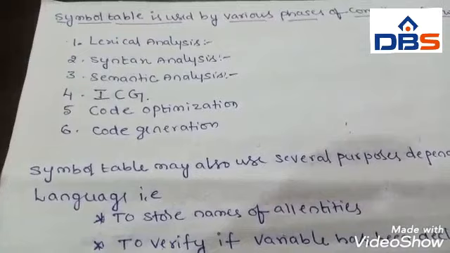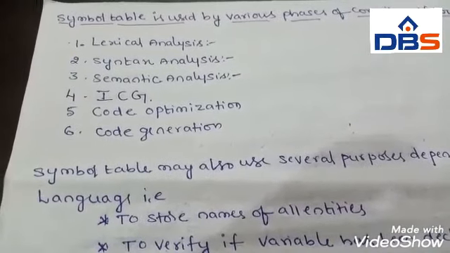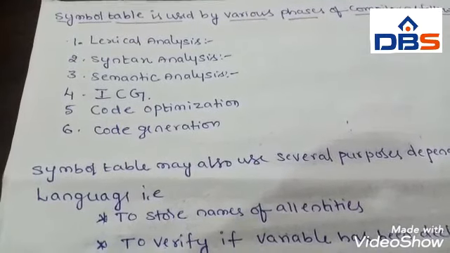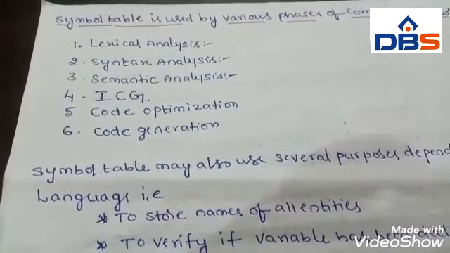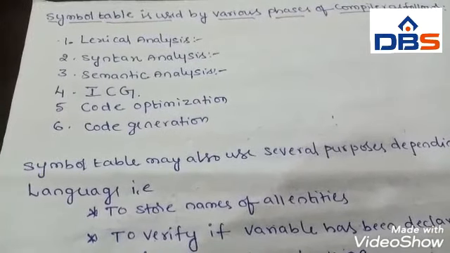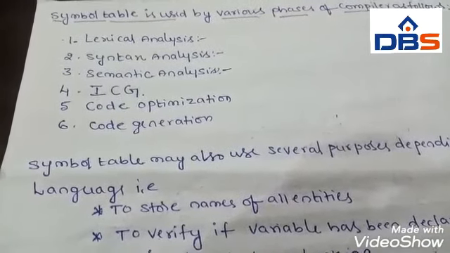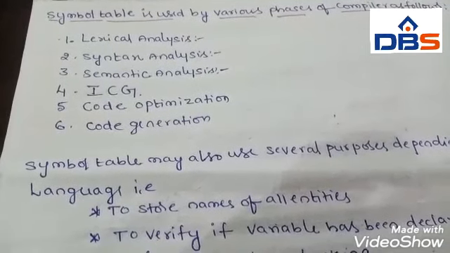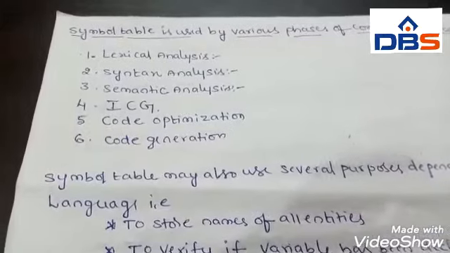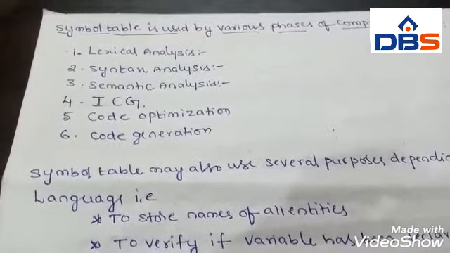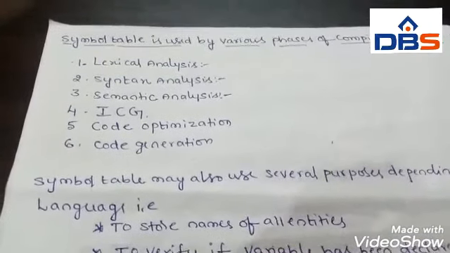Next is code optimization. Code optimization uses information present in the symbol table for machine dependent optimization. And finally, code generation generates code by using address information of identifiers present in the table.